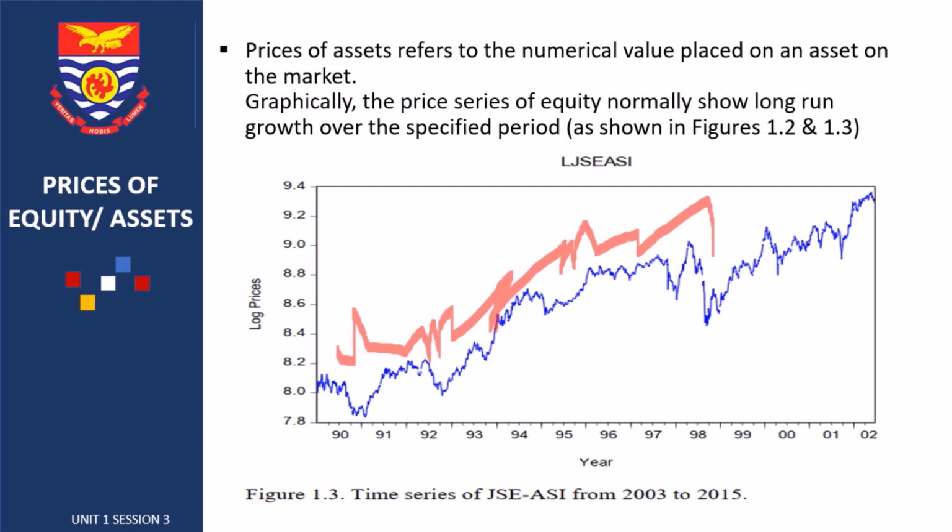In the first example, figure 1.2, it was simply raw prices, so the up and down movement in the price series was mostly sharp, compared to here where we have already taken the log of the price.